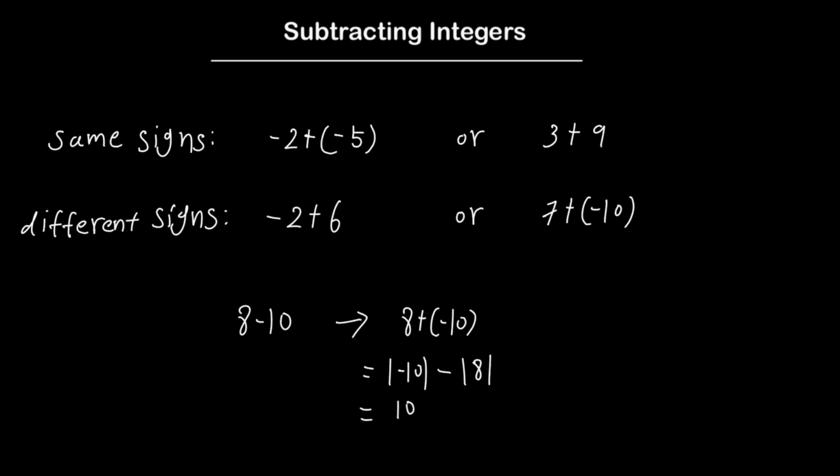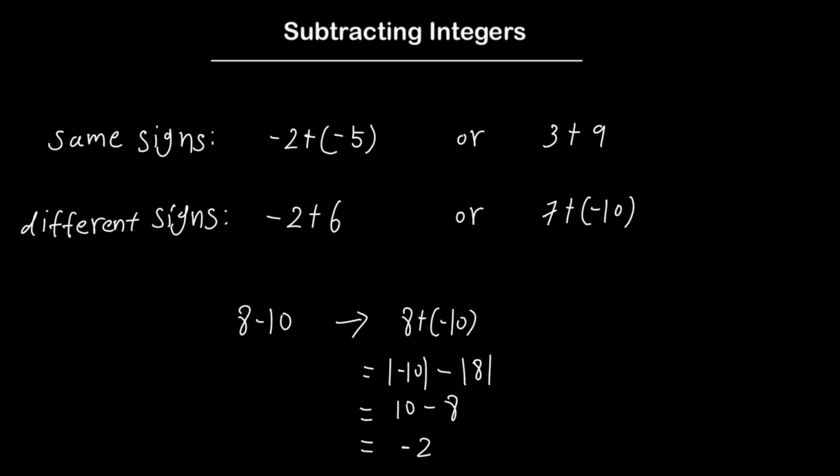So it's 10 minus 8, which is 2. But we're not done yet. We have to go back and see that the 10 has a negative sign, so we put the negative at the end.